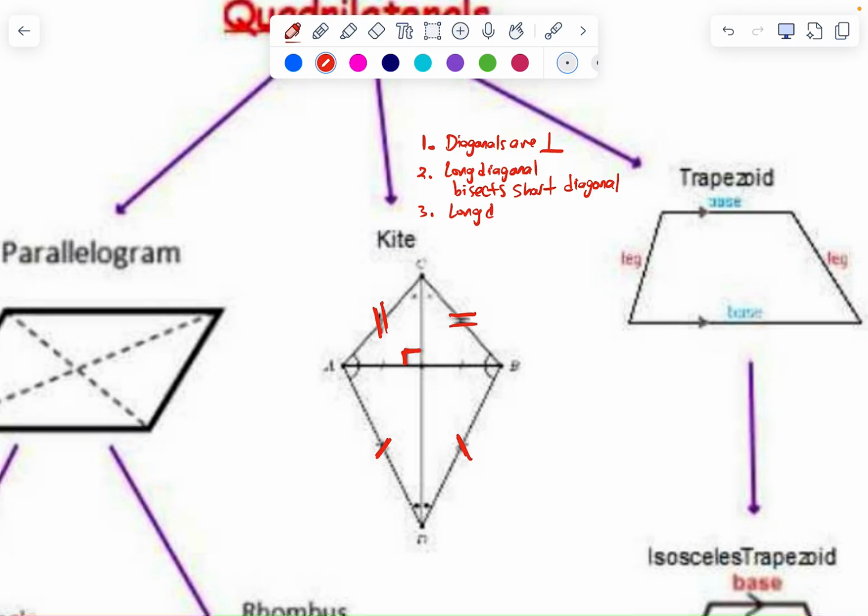The long diagonal, you sick of that word yet? What else does it bisect? It bisects the angles too, okay?